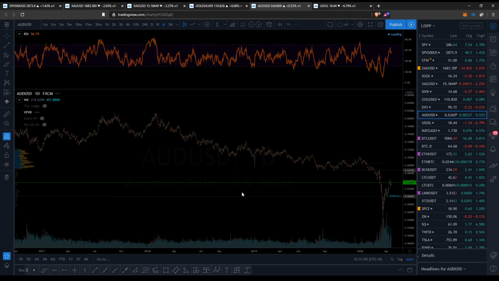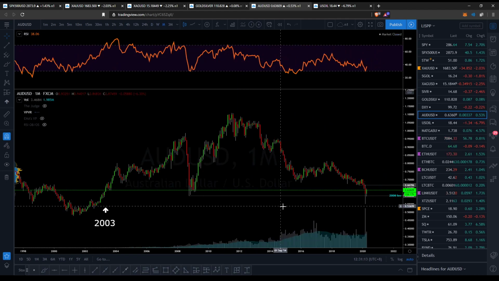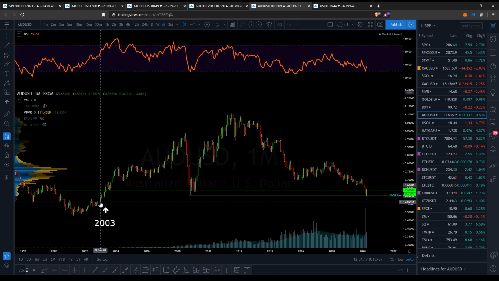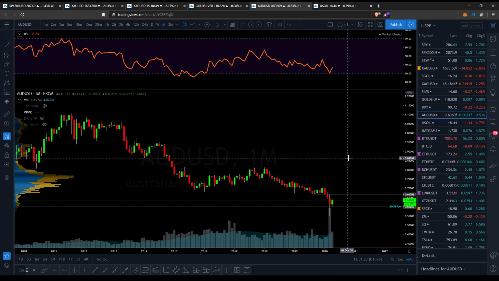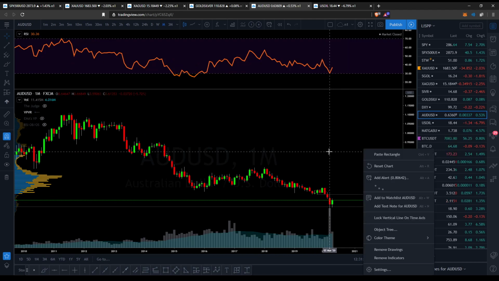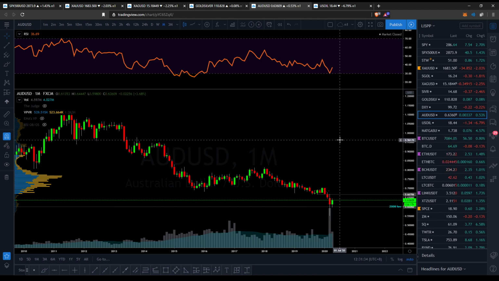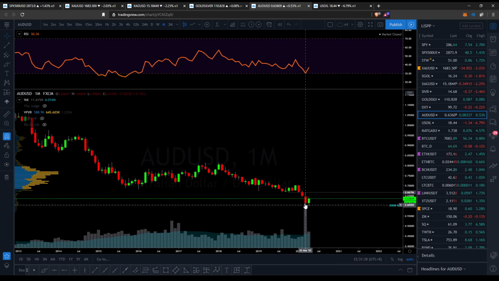And if we look on the monthly chart, it hasn't been this low since 2003, 2002. So the Australian dollar is absolutely smashed, and Australia is printing money at the highest level ever, and the debts are the highest ever. So the Australian dollar is likely to continue down.